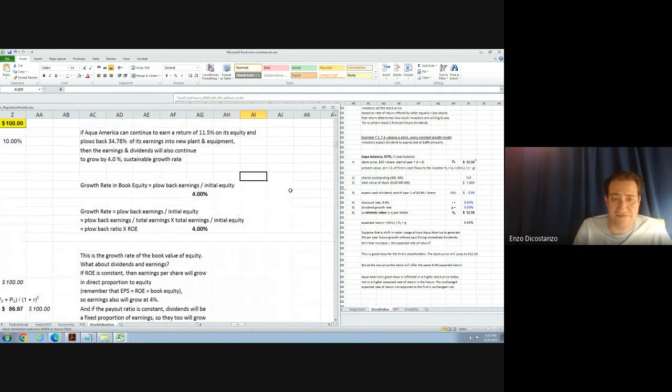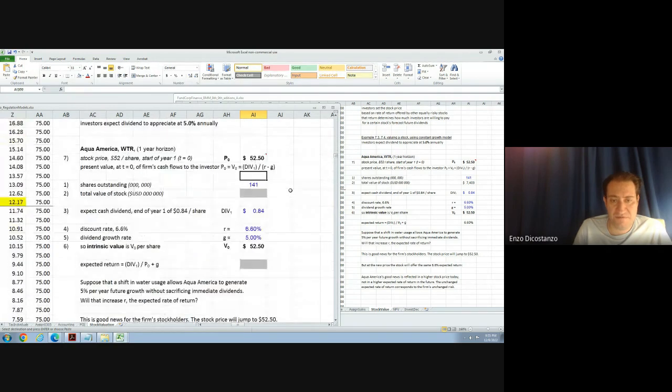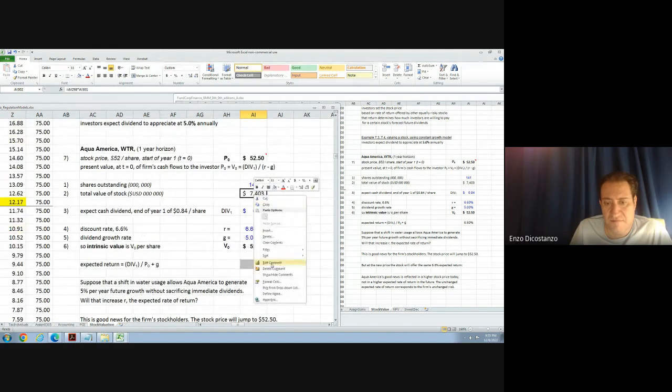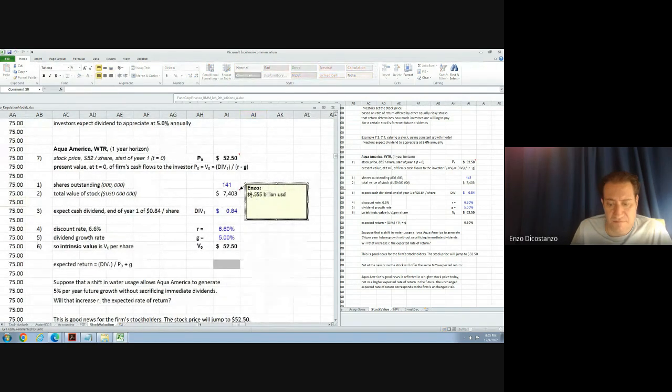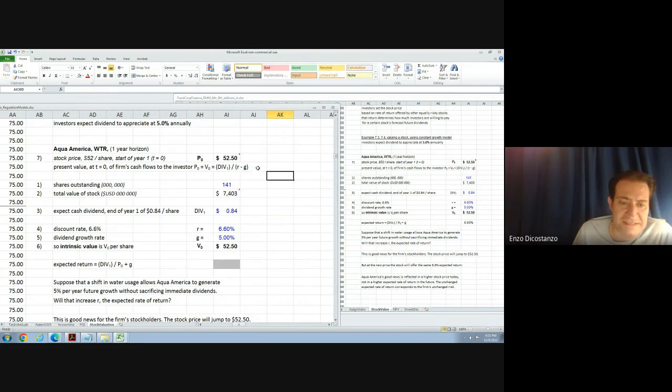This is like 7 billion, right? Yeah, that's 7 billion, because again, we have an expectation of higher growth of the company, higher growth of earnings.